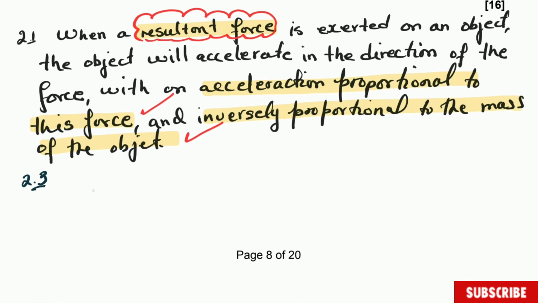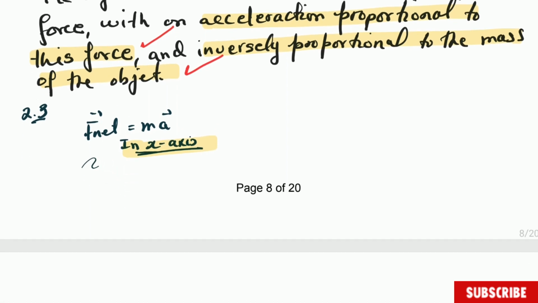So question 2.3. First of all, I'm going to start with Newton's second law. F net is equal to ma. There we go. I'm going to work in the x-axis. You do not have to write this one. I write it, but you don't have to. So what forces are in the x-axis here? There is the applied force in x.